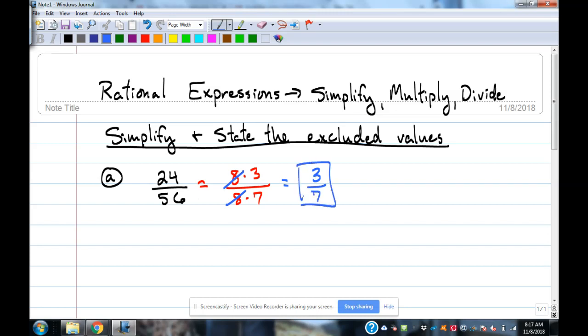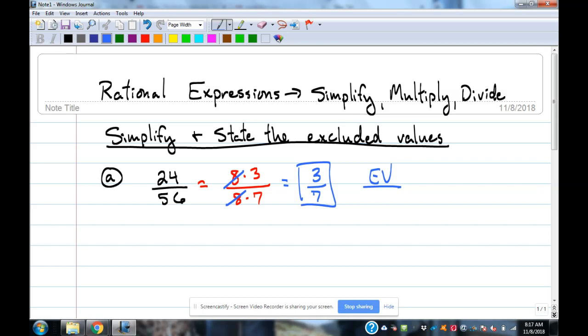That's the simplified form. Now, as far as excluded values, and I'm going to abbreviate that as EV, just because that's easy. Excluded values, EVs. Okay? Is there an X in the denominator? No. So there's no number that we could put in the place of X that would cause the denominator to turn into a 0.